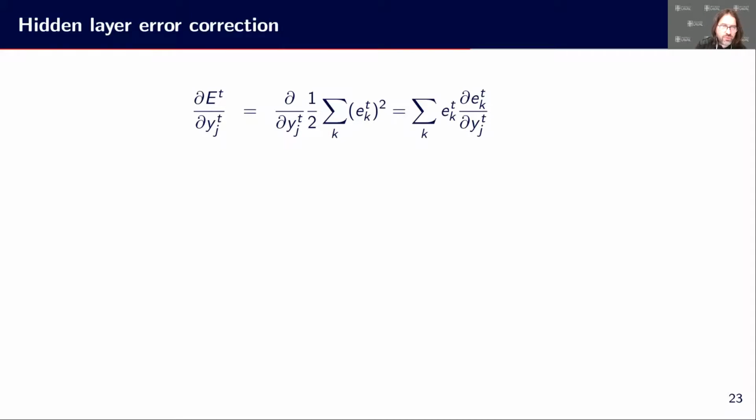Continuing this development, we get something like this. We have the partial derivative for the current neuron j according to the neurons on the following layer, which is defined by the k here. So we see that it depends on the errors from the neurons on the next layer.